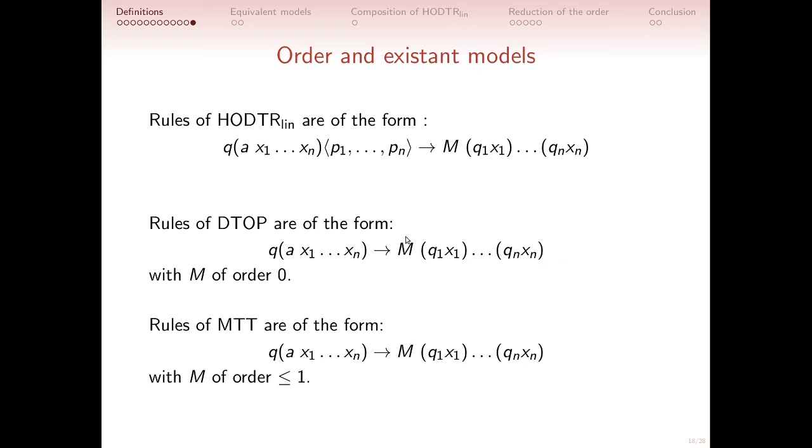The only difference is that on DTOPs the term is always of order 0, and that is interesting because it means that our model generalizes DTOPs, and it is also the case for MTTs, except this time with terms of order 0 or 1.